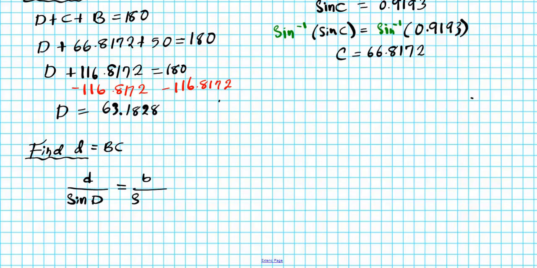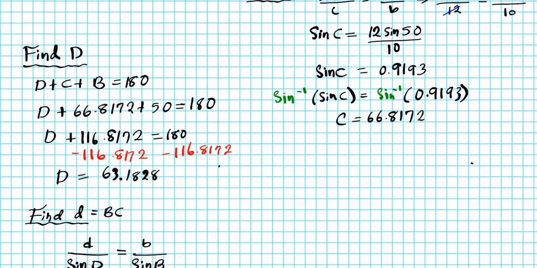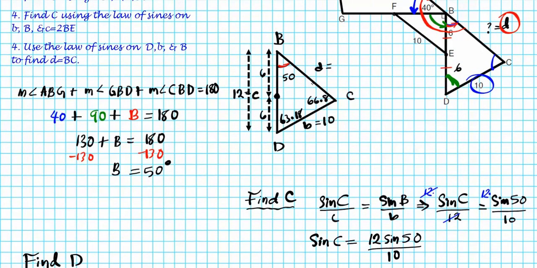Little b over sine of big B. So little d over sine of 63.1828 is equal to little b, which is 10, over sine of big B, which is 50. All that information I'm pulling from this triangle right here. See the b's and then the d's right there?